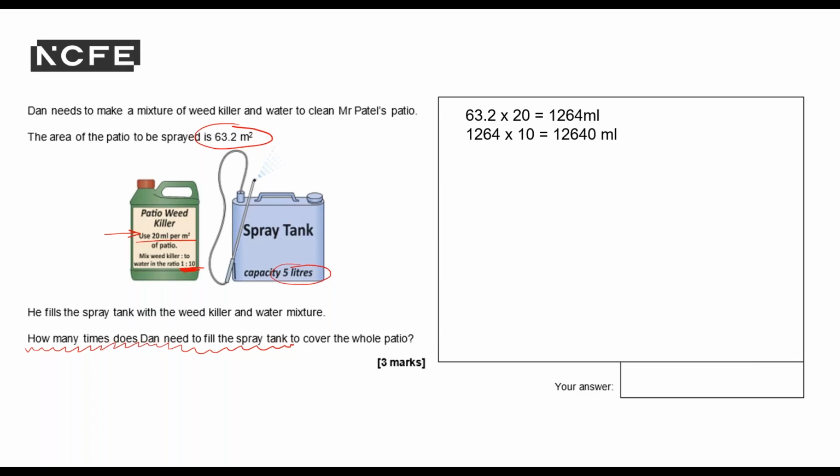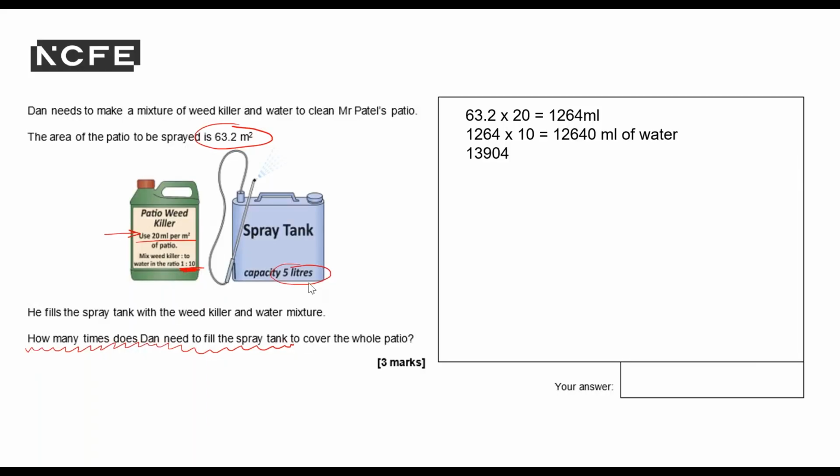And that's in milliliters. Okay, now if I add the two together, I'll go back to my calculator for that. So 1,264, which I've already got in my calculator, plus 12,640 equals 13,904.